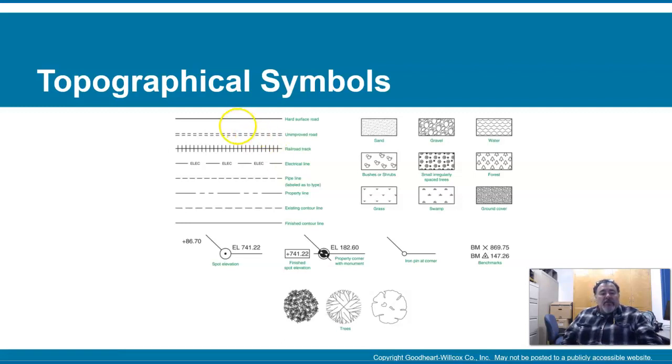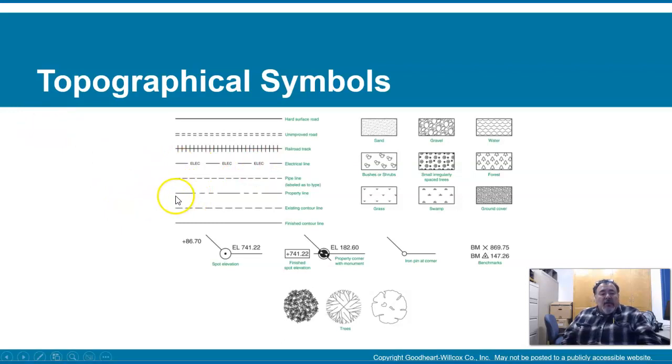Then you see these shorter dashes. That's the line indicating a pipeline. So maybe there's water underground, or maybe there's a gas line under there. It would be labeled to its type.